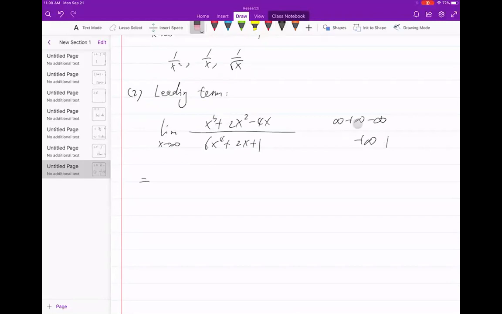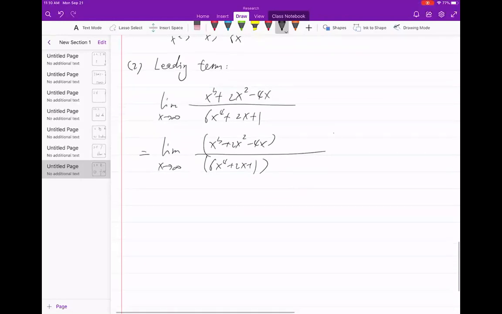But then what we say is, well, you have so many terms, but really this one dominates: x squared dominates 4x, and this one dominates x, dominates 1, because they are the leading terms. That means when x goes to infinity, compared to the first one, the rest doesn't matter. They are small. And the colorful way to show that is on the top and the bottom, we divide both by something we call the leading term.